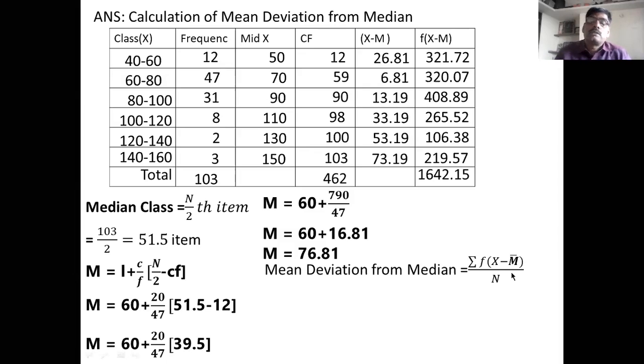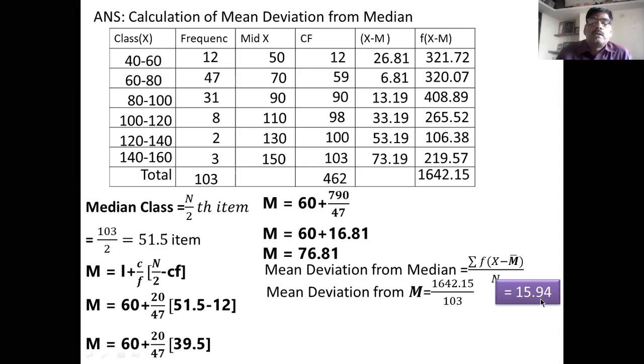This is x minus M divided by n. So the summation of f times x minus M is 1642.15, divided by n, which is 103. Mean deviation is 15.94. This is called the mean deviation.